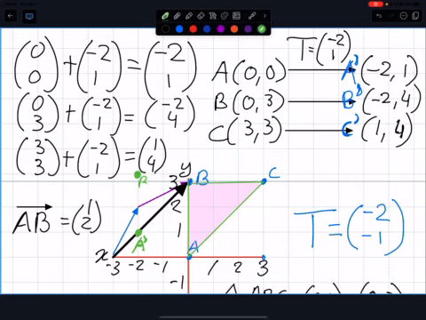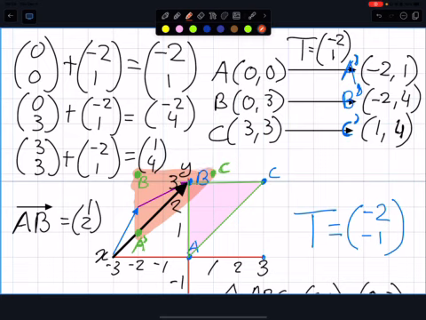This is B. Where is C? 1, 4. Here is C. There is your new triangle.